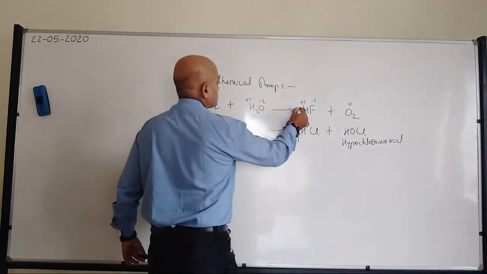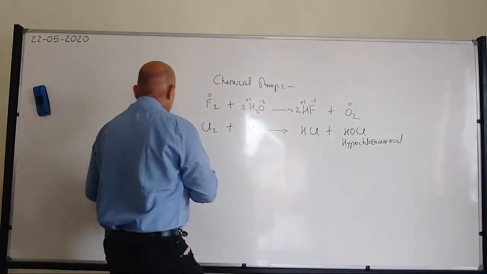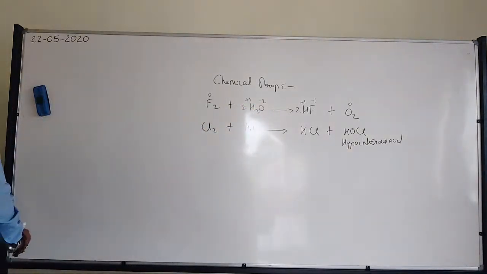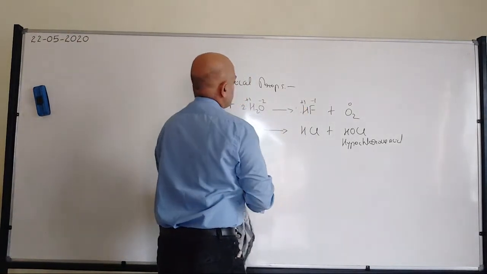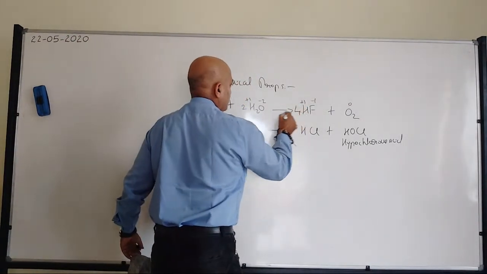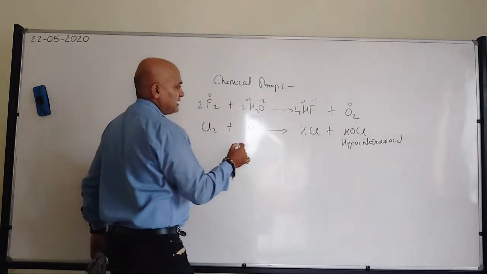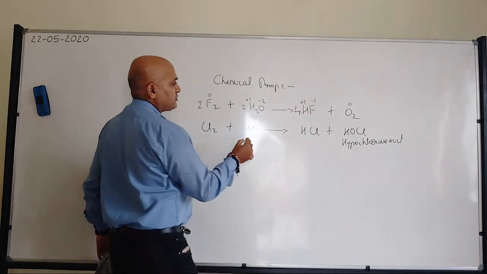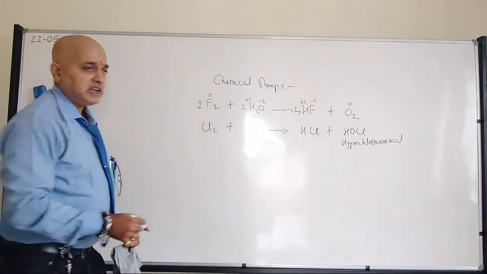So fluorine is 2, 2. Okay, fine. Here it will be 2. So in that case, this one should become 4 and this one should become 2. First equation is balanced. Second equation, oh, student friendly. Already it is balanced. It is student friendly.